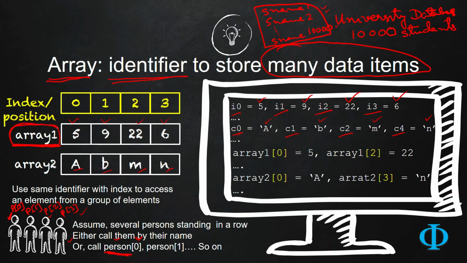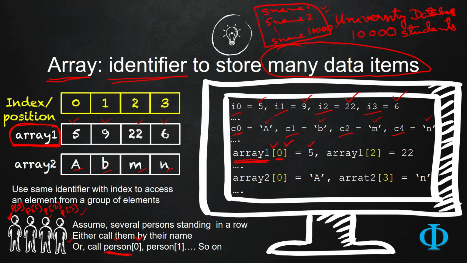If you want to store the data items inside array1, you have to use the name array1, then inside an opening and a closing box bracket, you have to give an index number, the index where you want to store that data item.